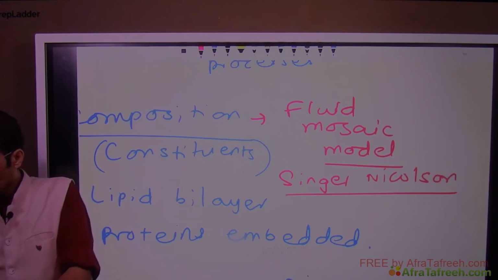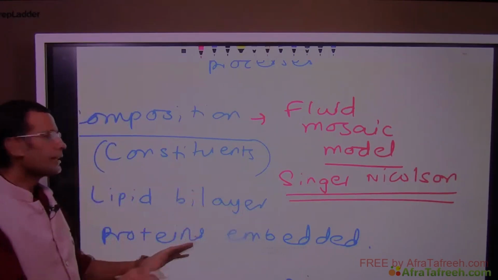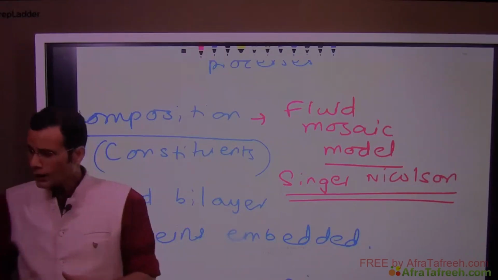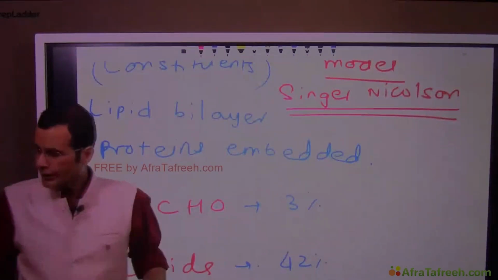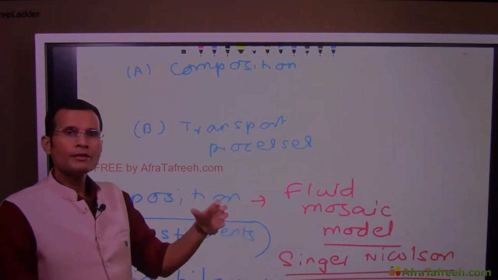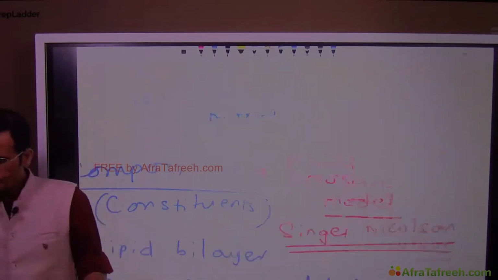This is the most accepted model of cell membranes, and I've already described it, that there is lipid bilayer and proteins embedded in the lipid bilayer. But it's fluid, and the proteins are embedded in it, giving a mosaic type of appearance.